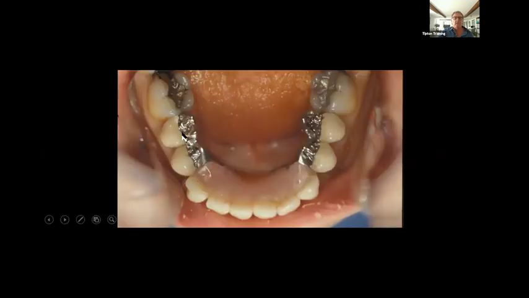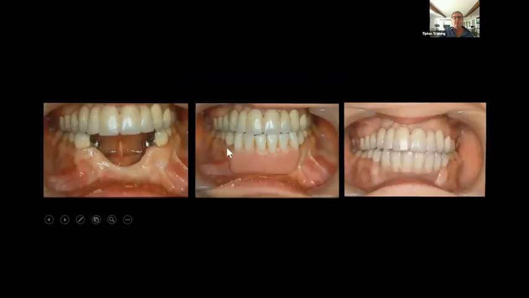And in the long term, there is a chance that one of these will come uncemented, or one of them will fracture off at gum level. And there's our initial definitive restoration, which we have in fact gone and changed to a conventional fixed bridge.